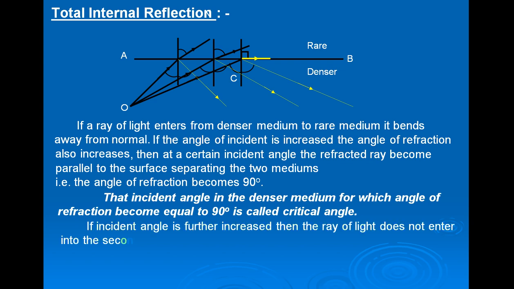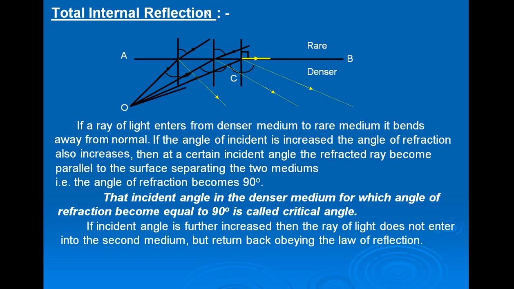Now if the incident angle is further increased, then the ray of light does not enter into the second medium, because the angle of refraction can never be more than 90 degrees, but returns in the same medium, obeying the law of reflection.